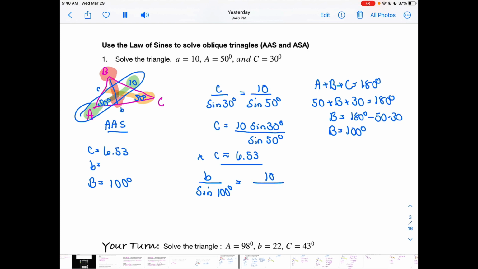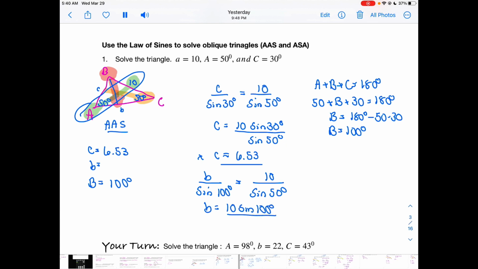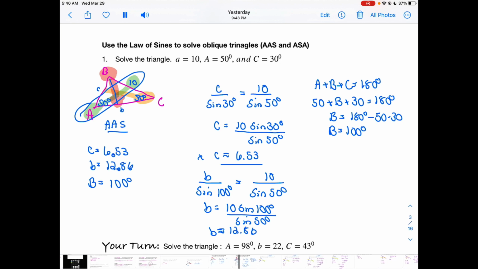So you always want to go back to the given information or the one that you did not round on. So that's the portion I would set it up equal to. And then I'll just solve this equation for b, punch this into my calculator, end up that b is approximately 12.86. Now I've solved my first triangle using the law of sines.